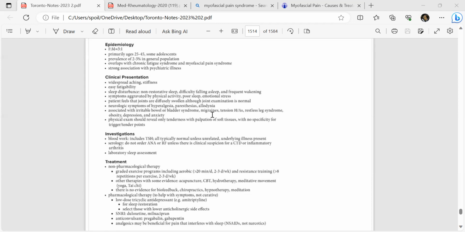Allodynia is pain due to a stimulus that does not normally provoke pain. An example would be a light feather touch. So neurological symptoms such as allodynia, which is pain due to a stimulus that does not normally provoke pain: even a feather touch, and the patient starts having very severe pain.